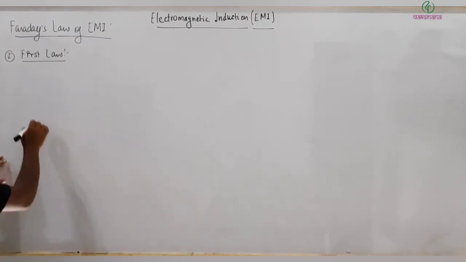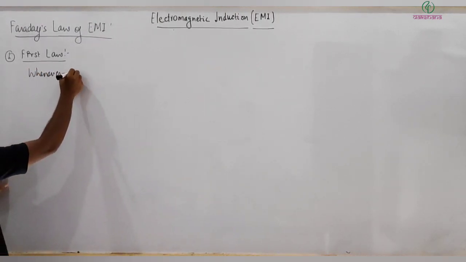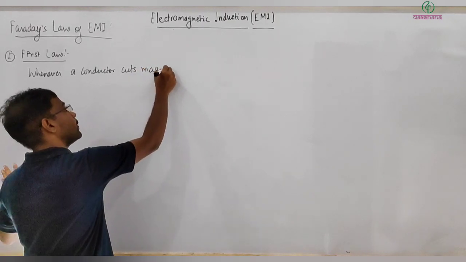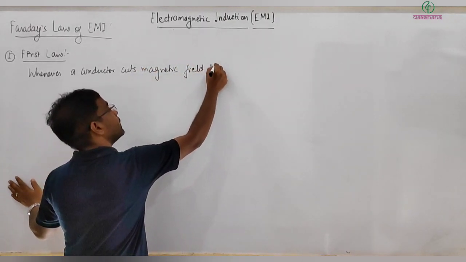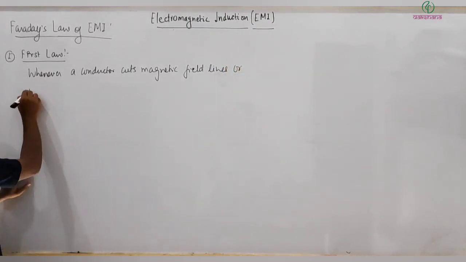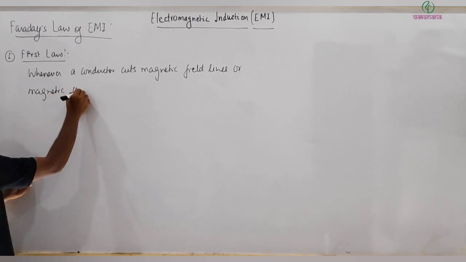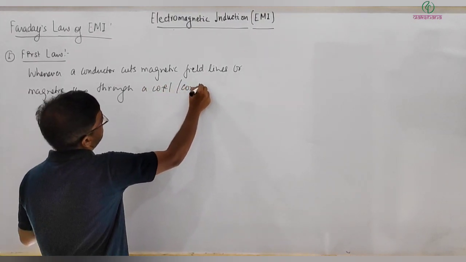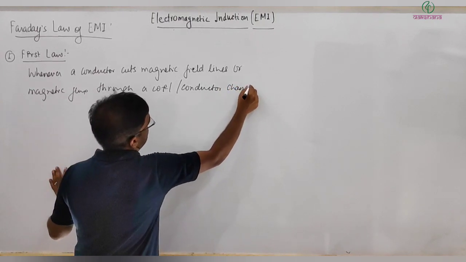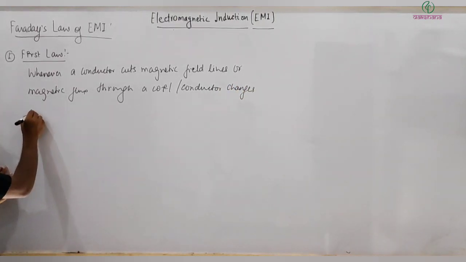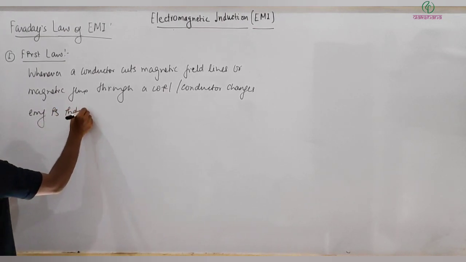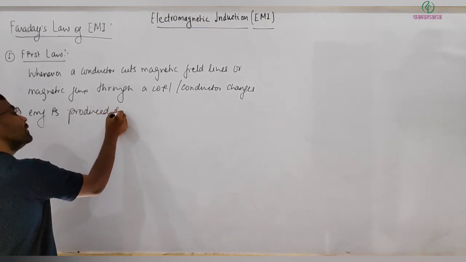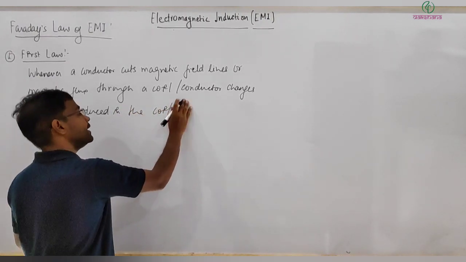So the first law was: whenever a conductor cuts magnetic field lines, or magnetic flux through a coil or conductor changes, EMF is induced or produced in the coil or conductor.